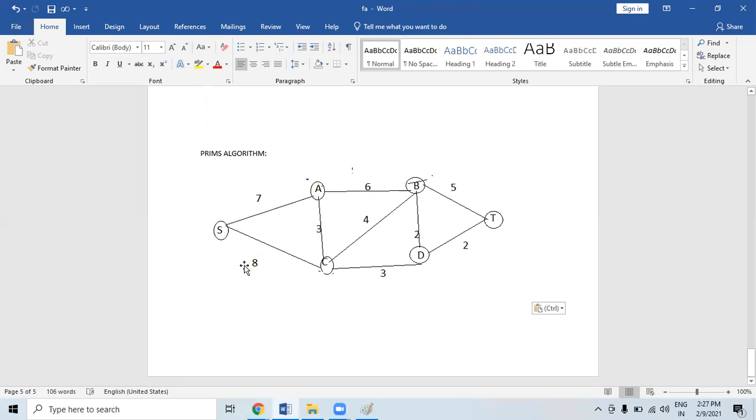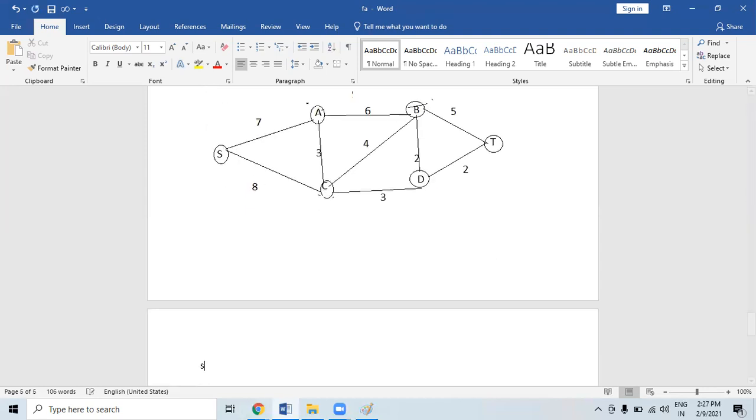So it will look like: S equal to, first we put null, that is nothing is there. Then graph equal to S, A, B, C, D and T.